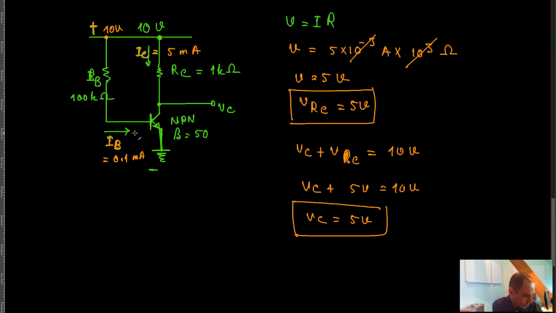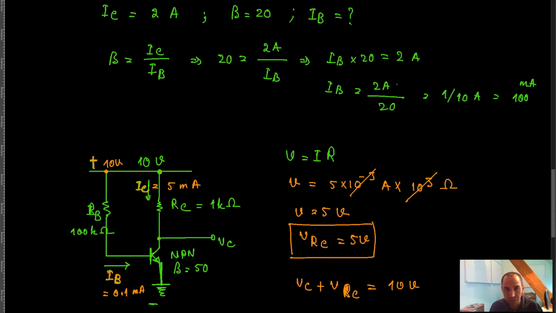Now let's make some simple changes here. Let's see what happens if I change the beta of the circuit to 75, meaning that if I take this transistor out, and instead use a transistor that has beta equal to 75. In the first case we had V of C equal to 5 volts.